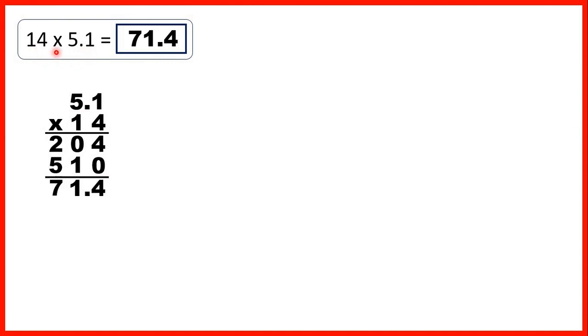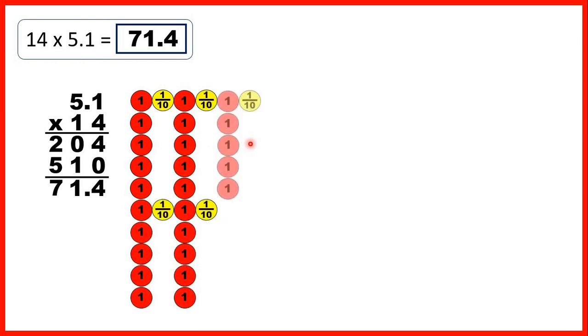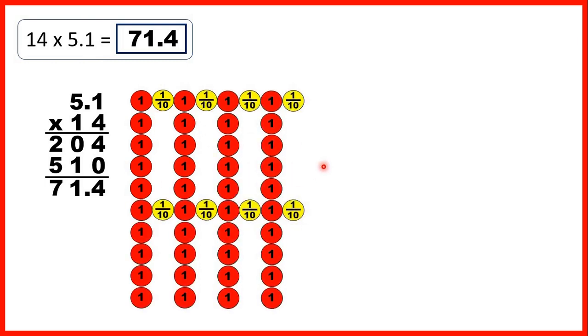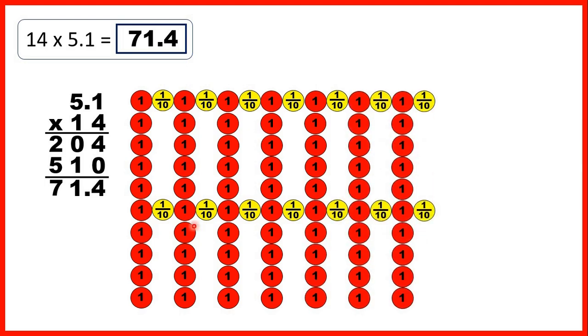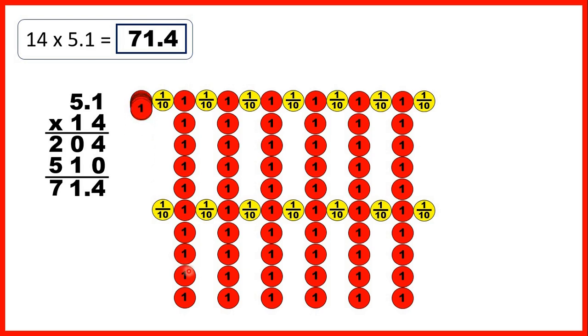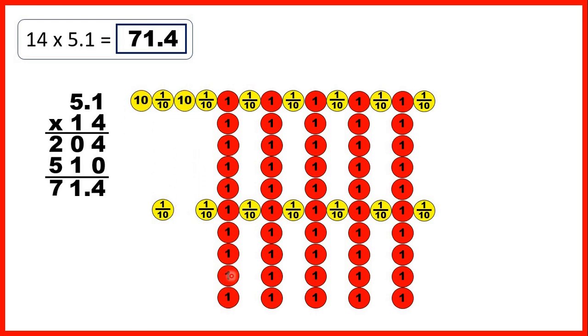Now let's look at this first question again. We had 14 times 5.1. So what we can do to represent this is to show 5.1, so 5 ones and 1/10, 14 times. So if we show this 14 times, we can now regroup 10 tenths into 1 one.